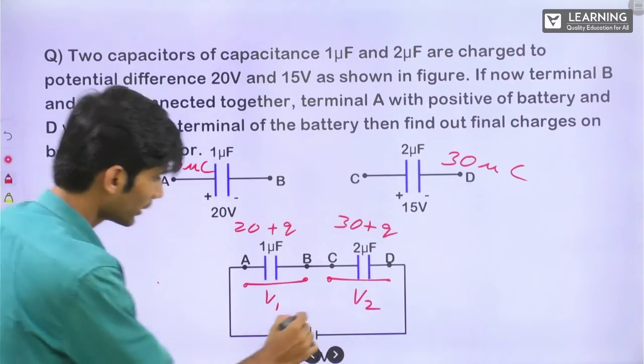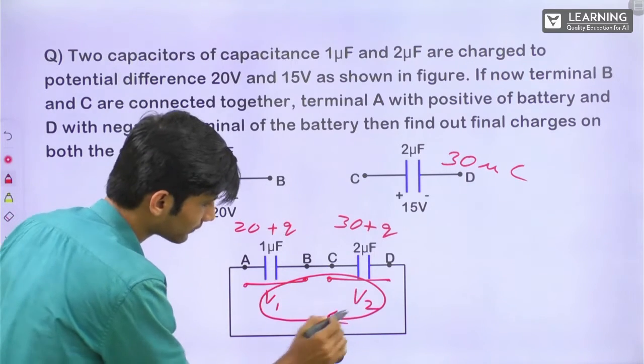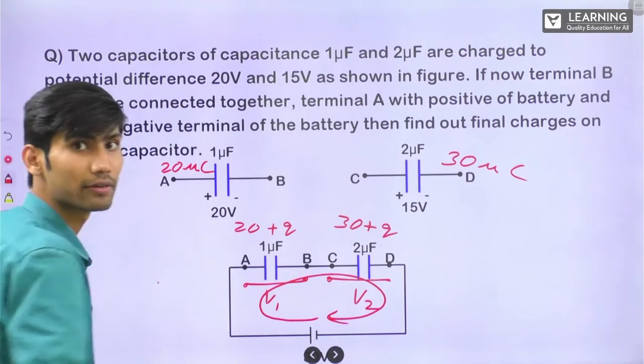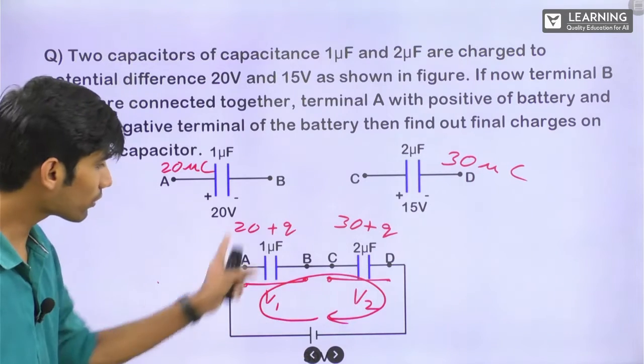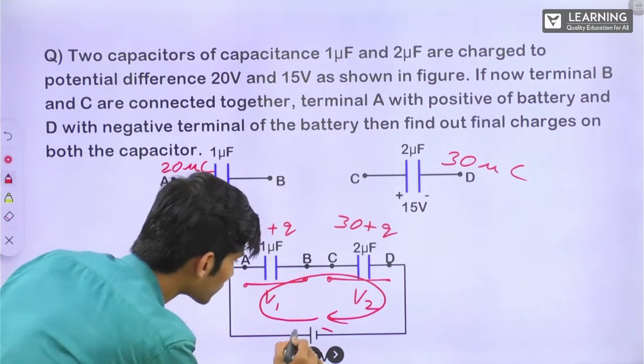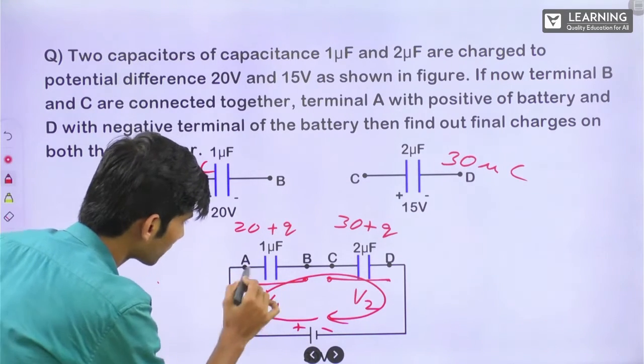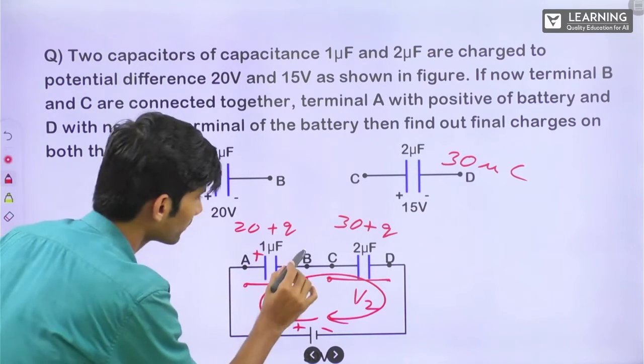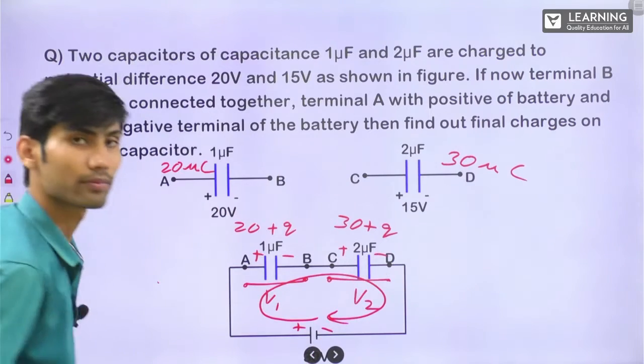Kirchhoff's law says if we complete one closed circuit, the sum of the voltages, see, this plate will be positive, this will be negative, this will be positive, this will be negative.